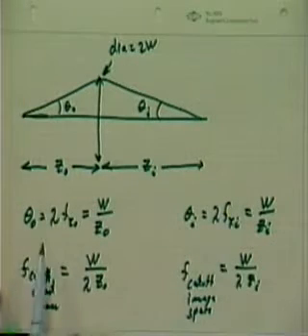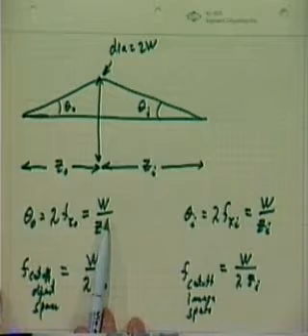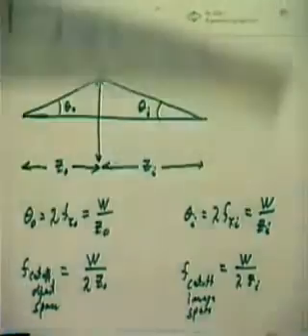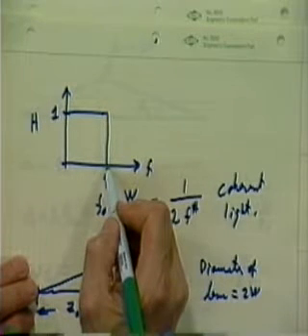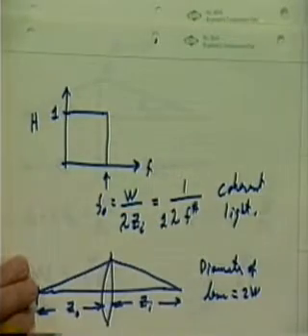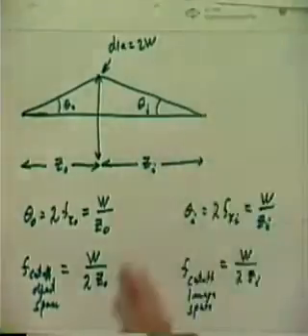And then finally, when the angle exceeds this angle right here, the light no longer gets through, and so I don't image that spatial frequency anymore. And so that's why the transfer function here is just unity up to this point where the first order no longer gets through, and then the transfer function goes to 0. Okay.